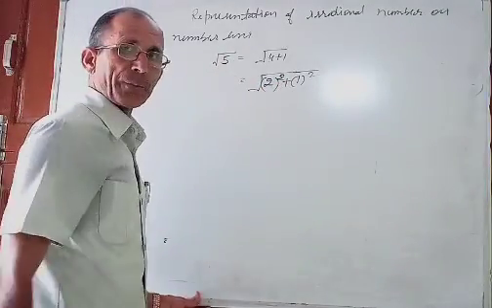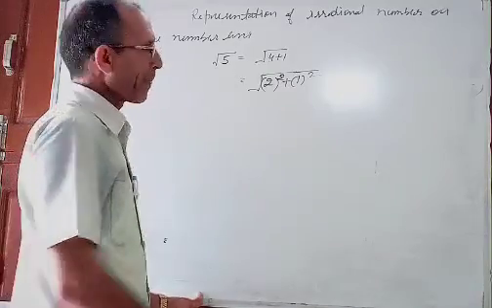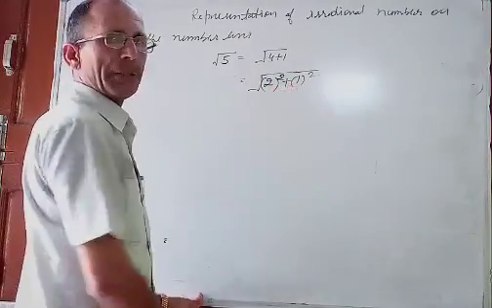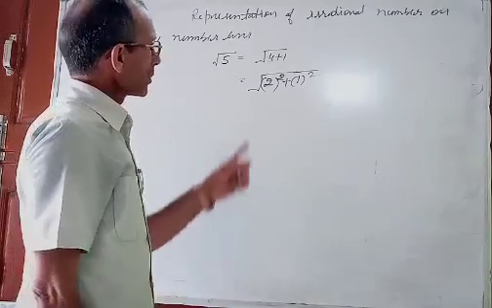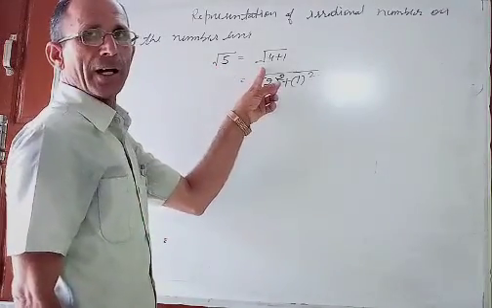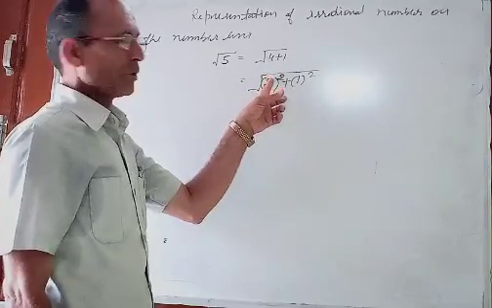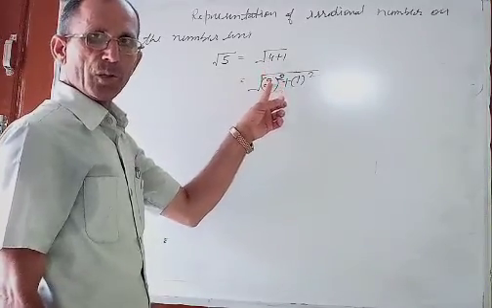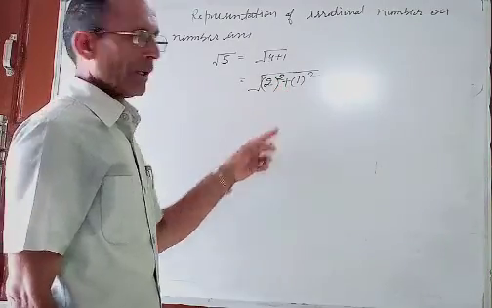So root 5 will be the hypotenuse of that right angle triangle whose base is 2 and perpendicular is 1. Is it clear? This point is clear? Okay.